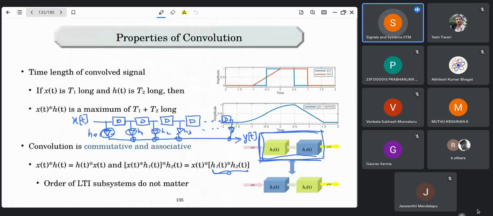The system has memory, so you just give one input, but because it has memory, it keeps getting stored and then keeps giving output continuously. Think of a capacitor. You charge it once and then remove the battery, and you can continuously keep getting voltage across the capacitor till it completely discharges. Even after you take away the battery, why is it still giving you output?